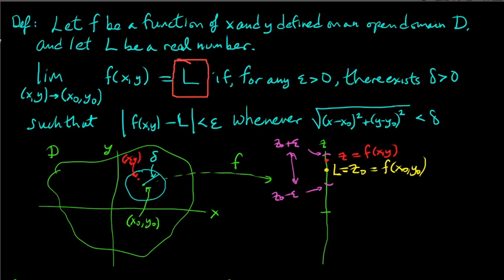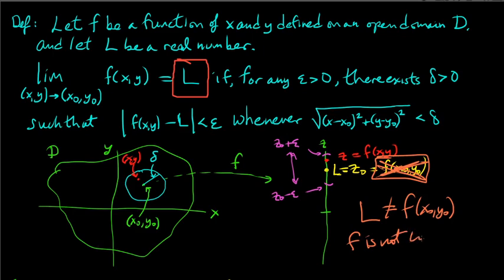In fact, maybe this is a little too misleading here, that this was f of x0, y0. We assumed here that this is continuous, and it doesn't have to be. So L could be something other than that. The limit does not have to be f of x0, y0, in particular if f is not continuous.